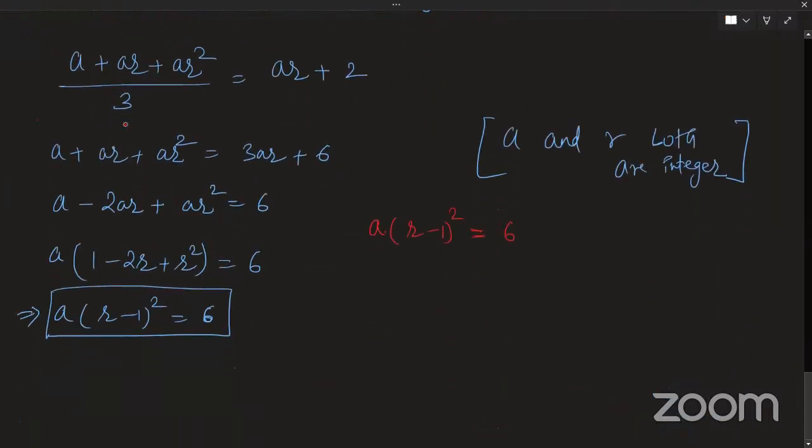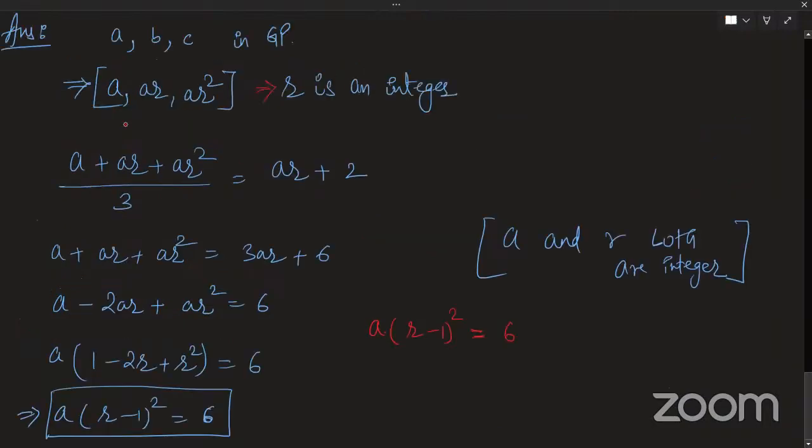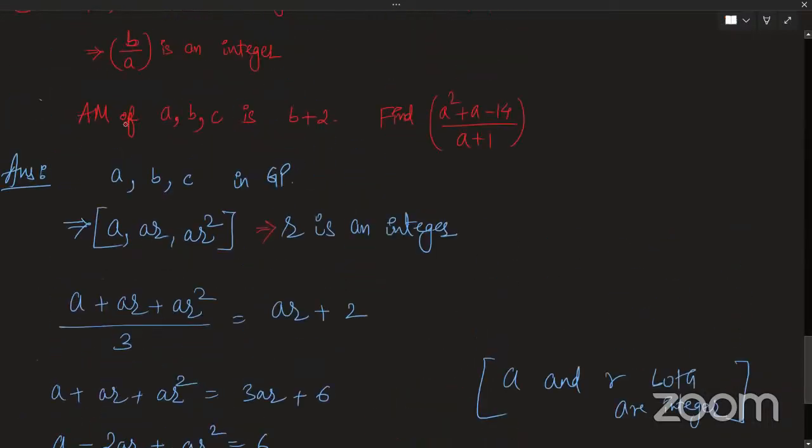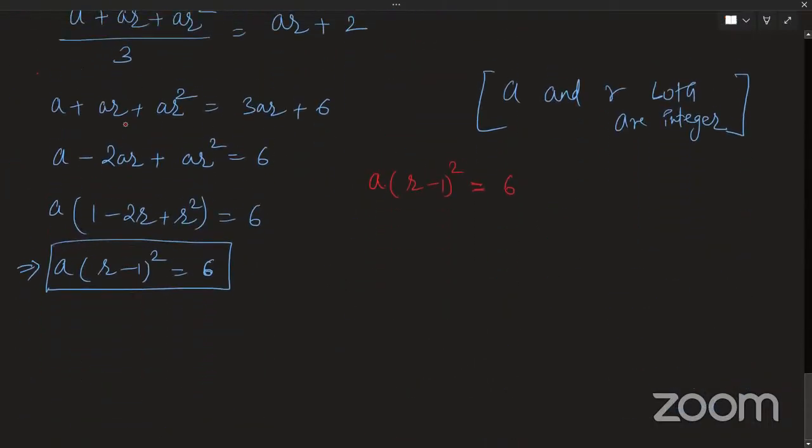Using the given arithmetic mean, A plus AR square whole by 3 is equal to AR plus 2, because B plus 2 is given. Substituting, I got A into R minus 1 whole square equal to 6. A and R both are integers. So can you tell me the value of A and R?